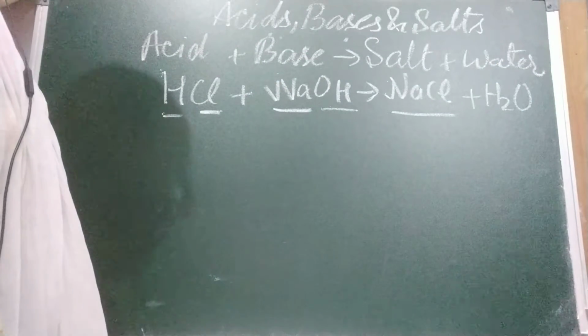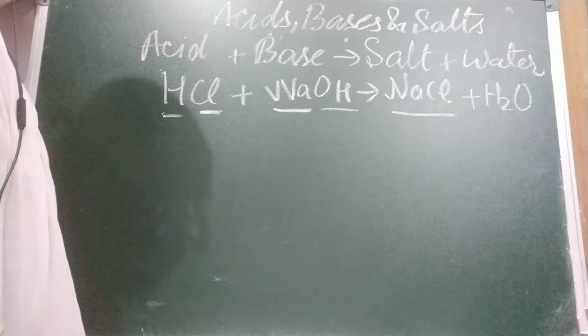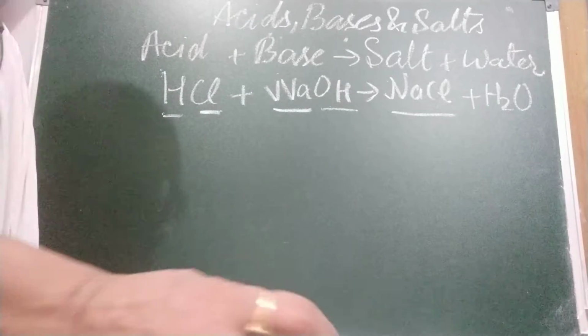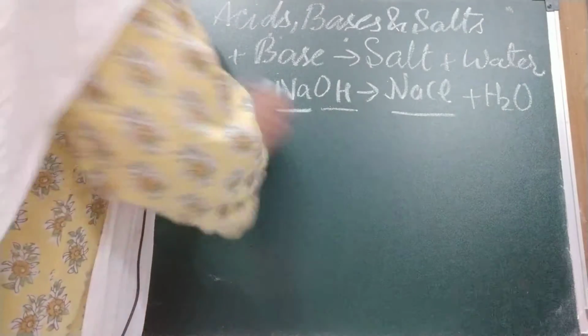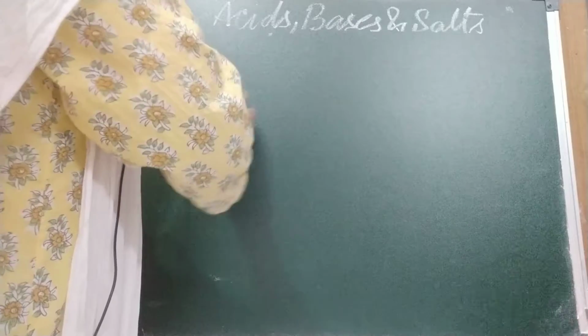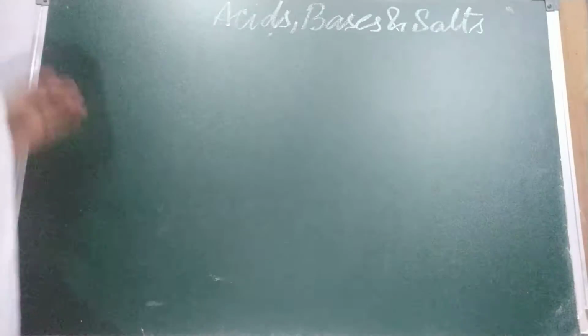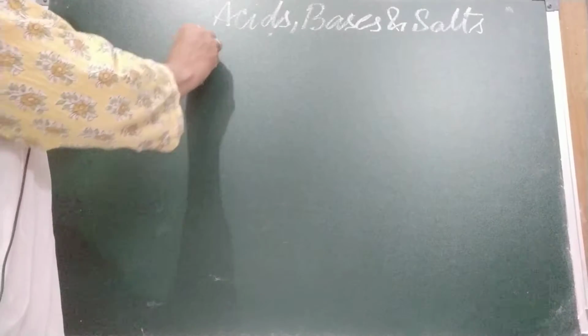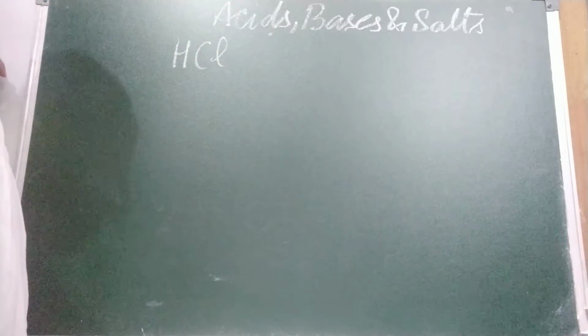So this reaction is called neutralization reaction. Now children, we are going to discuss uses of acids. We have seen their chemical reactions: when acid reacts with bases, with carbonates, and with metal.